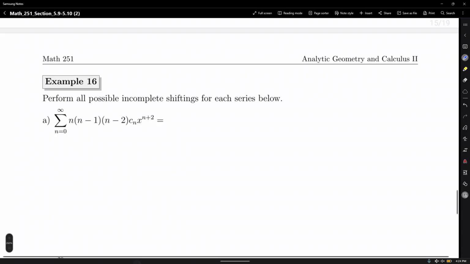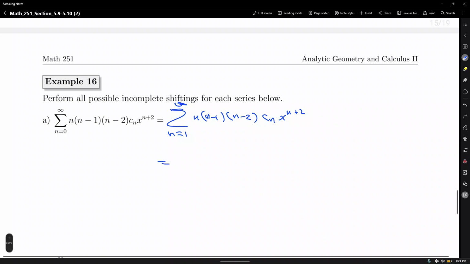I can turn this sigma n equals 1 to infinity of (n minus 1)(n minus 2) c sub n x to the n plus 2. All right?